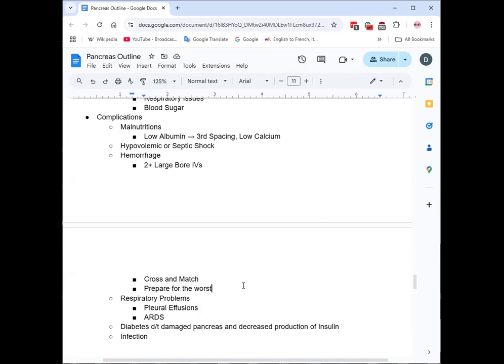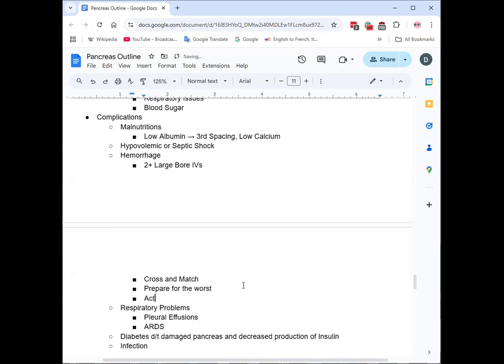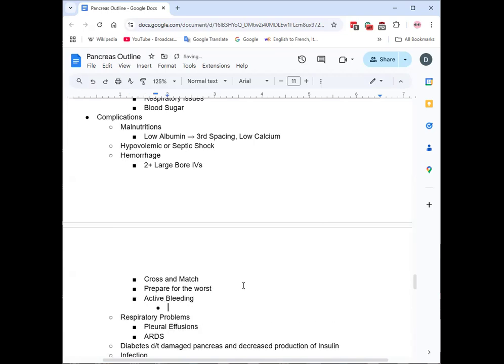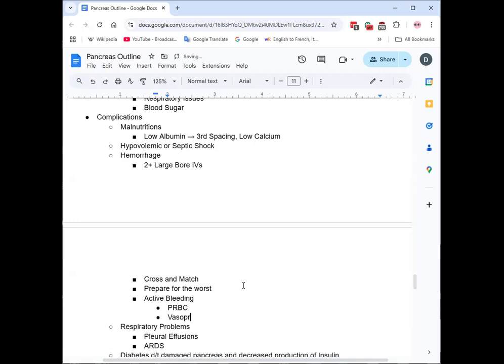When they're actually bleeding, that's when we have blood products and vasopressors, and you will learn more about these in the next rotation: dopamine, Levophed, aka norepinephrine.